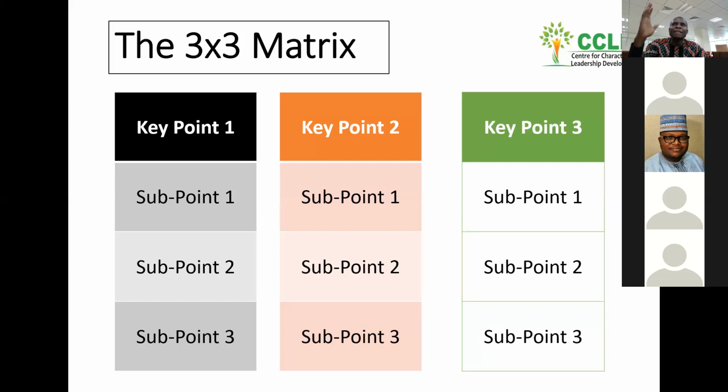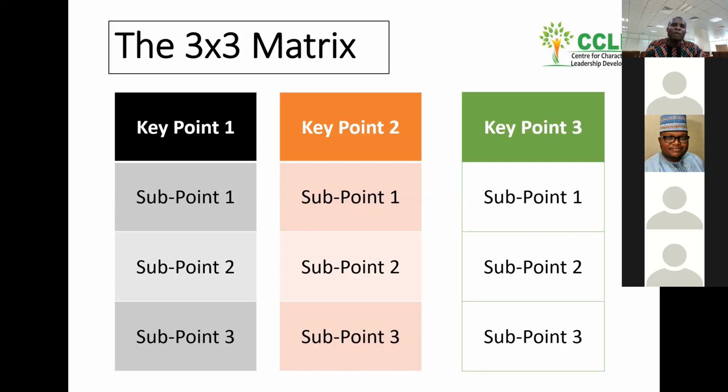Once I get that first message, I'll say, okay, what 3 ways can I use to talk about this matter? So you have your first key point, second key point, third key point. Then the next thing that comes to my mind is, what do I use to support each key point? That's all. I'm finished with my speech.